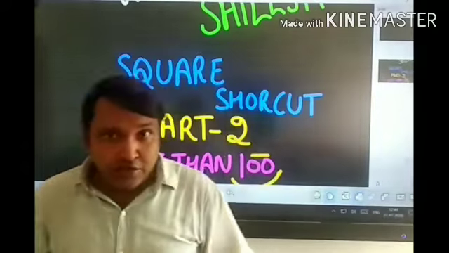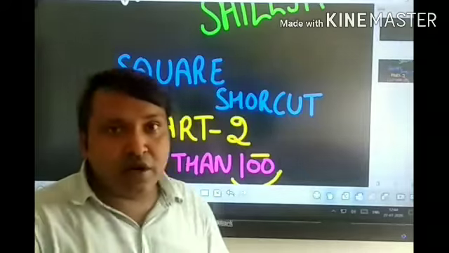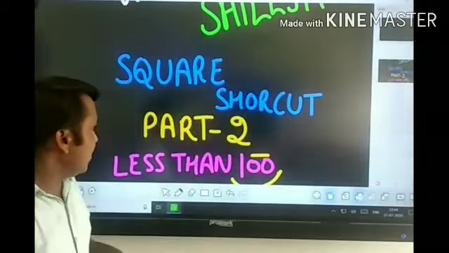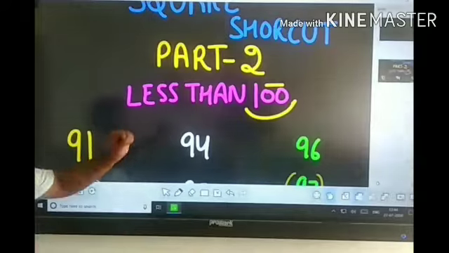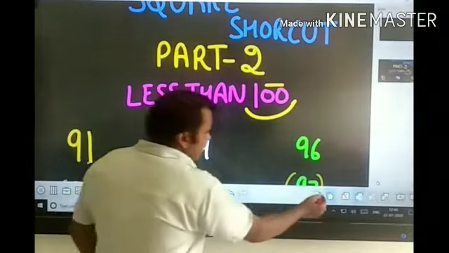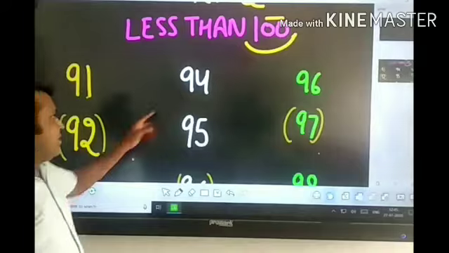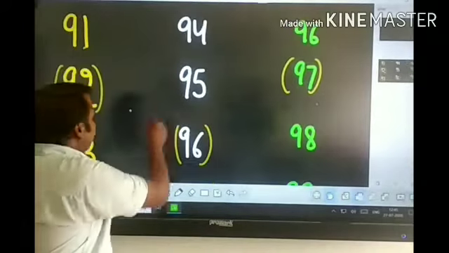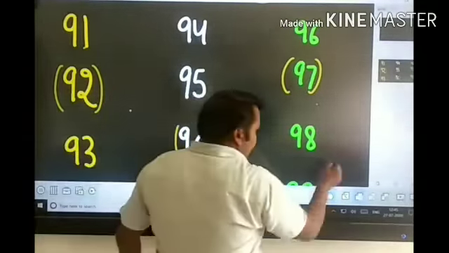As you know, in Part 1 we found the square of two-digit numbers where 5 is involved. But here the case is different. You will see here the numbers that may be less than 100: 91, 92, 94, 93, 94, 96 and so on.